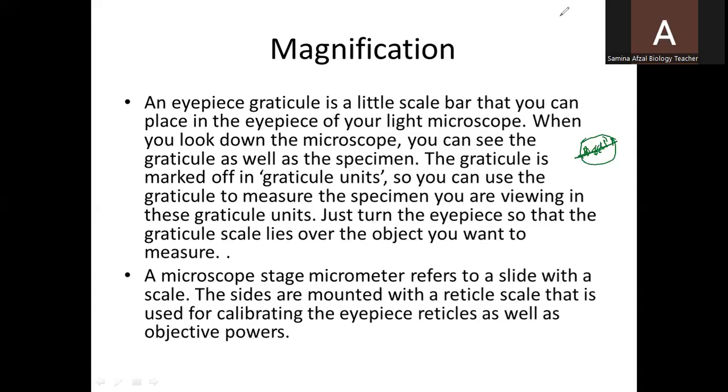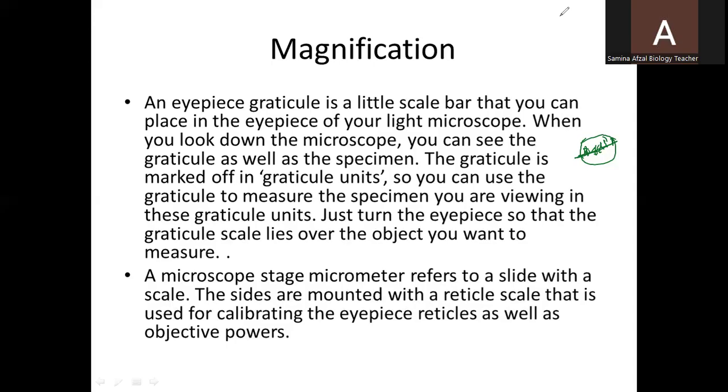Whether you want to measure the whole specimen or only a part of it, you can use this eyepiece reticule, which is kept in your eyepiece, and with its help you can measure the actual length. The other scale, the microscope stage micrometer, refers to a slide with a scale. I will show it in the next slide.